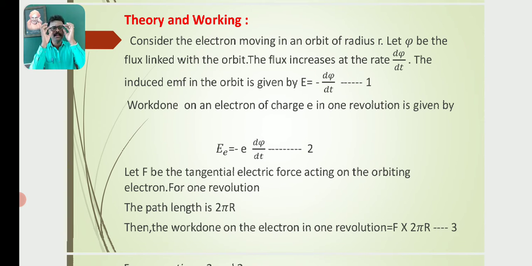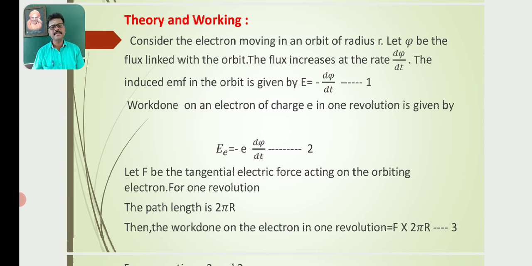Let F be the tangential electric force acting on the orbiting electron for one revolution. For one revolution, the path length is 2πr. Then the work done on the electron in one revolution is equal to force into displacement.